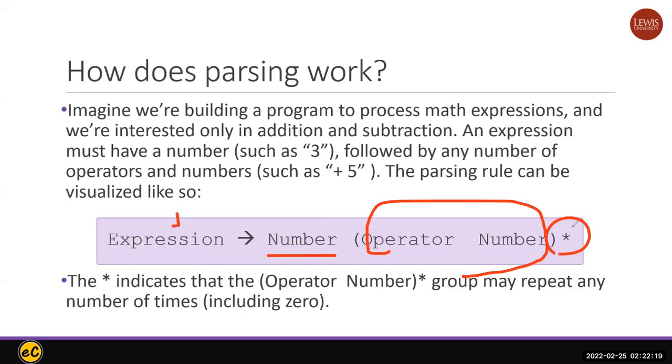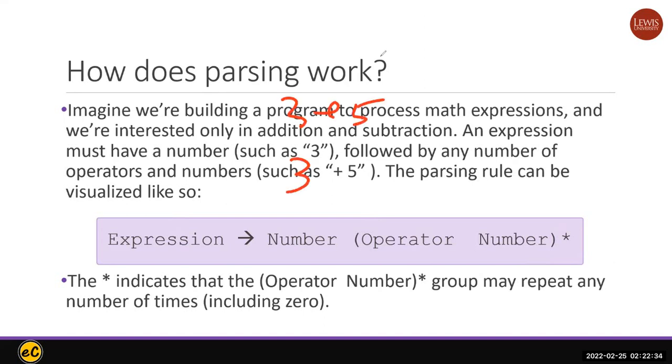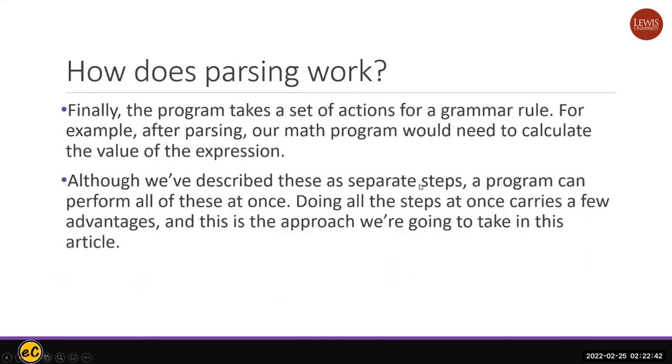So this is the rule for your expression. You can have a number by itself, and that is an expression, such as 3. Or 3 plus 5 is an expression. 3 plus 5 plus 2 is another expression.